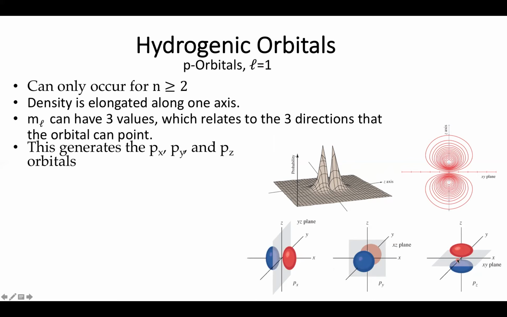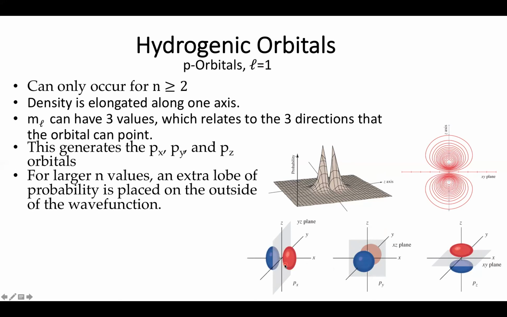And then we have a plane where the electron can't be located, essentially along the other 2 axes. So if I have a pz orbital, it means we'll never find the electron along the xy plane. If I have an electron in the py orbital, I'll never find the electron in the xz plane, and so on and so forth.